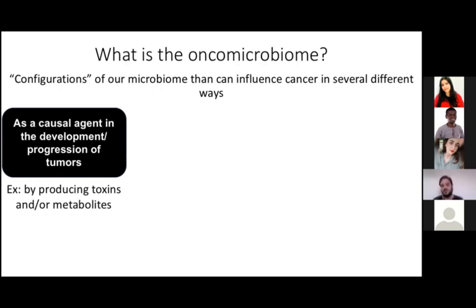You could define it as different configurations of our microbiome that can influence cancer in several different ways, such as a causal agent in the development and progression of different types of tumors. This could be by some microbial members producing certain bacterial toxins and/or metabolites that cause DNA damage, which I'll talk about more down the line.